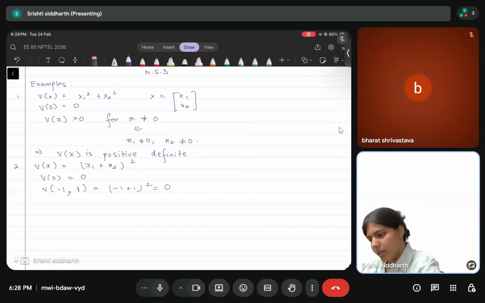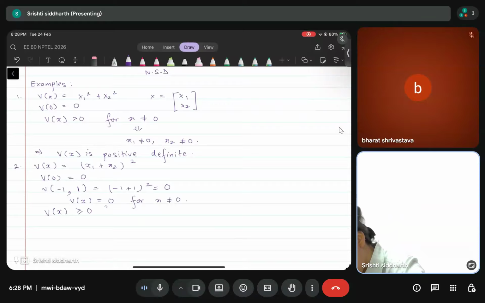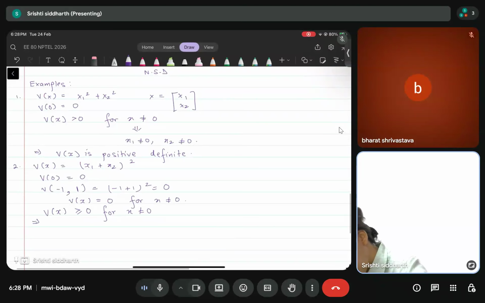So V of x is 0 for some non-zero x. And V of x is always positive otherwise because it's a square term. This means that V of x is greater than or equal to 0 for non-zero x. This implies that V of x is positive semi-definite.